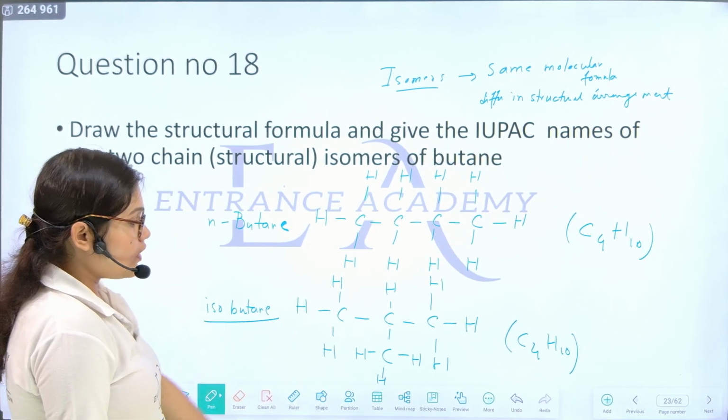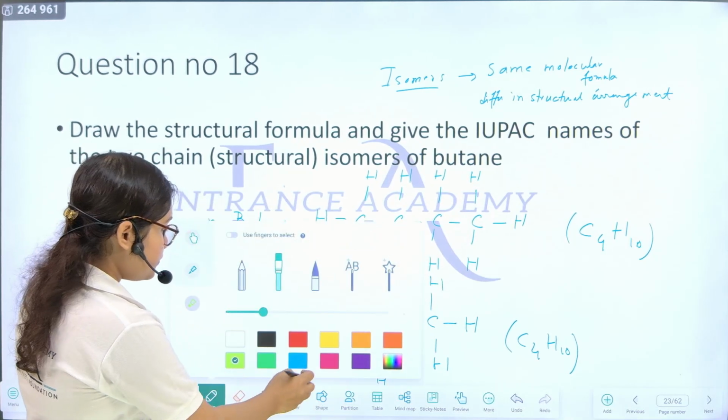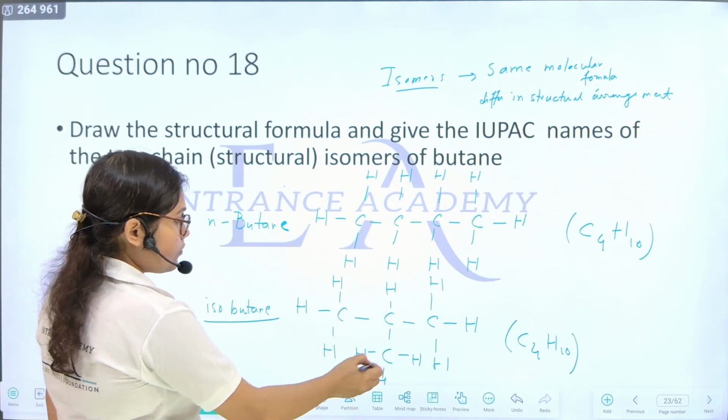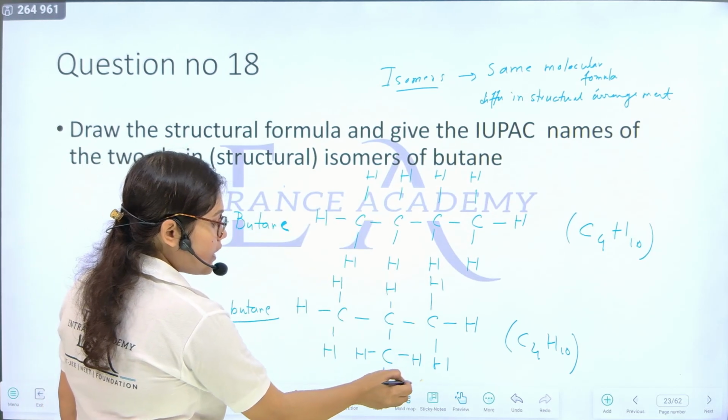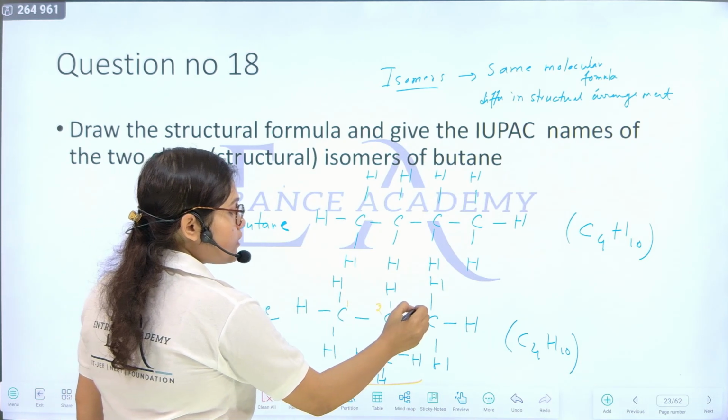The IUPAC naming is, this is the methyl group, CH3. So the numbering is like this.